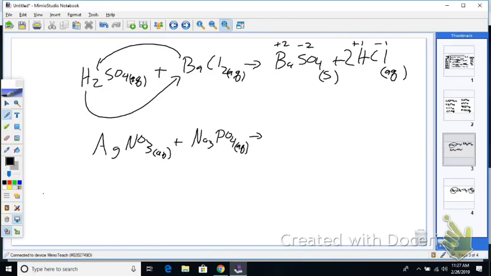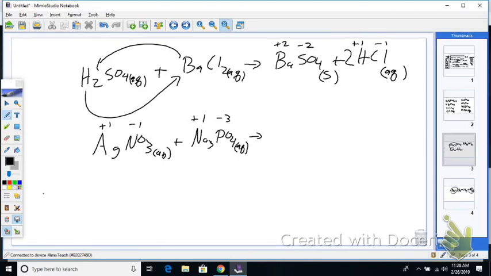How do we know which one is true? Okay, after you do the double switch, check their charges. Silver's +1, nitrate's -1, sodium's +1, phosphate's -3. So on the right side, put them together correctly based upon their charges.